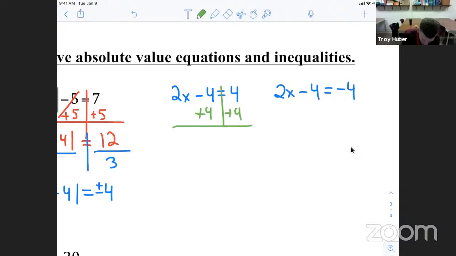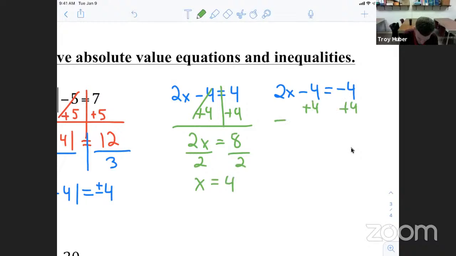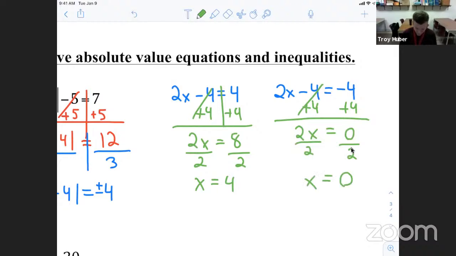I get 2x is equal to 8. Divide each side by 2. I get x is equal to 4. I'm going to add 4 to both sides. I get 2x is equal to 0. Divide by 2. I get x is equal to 0.